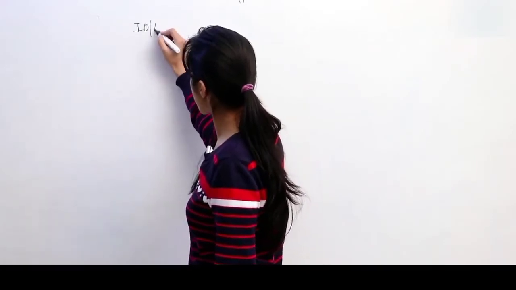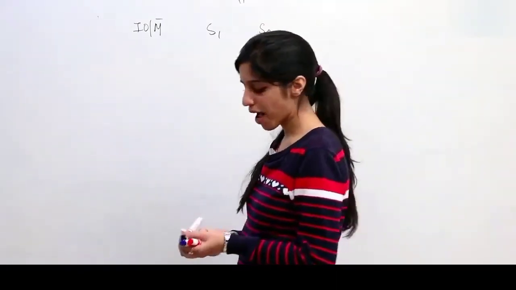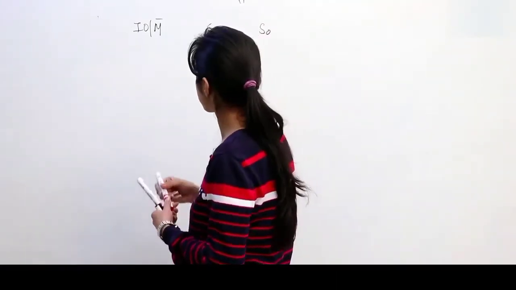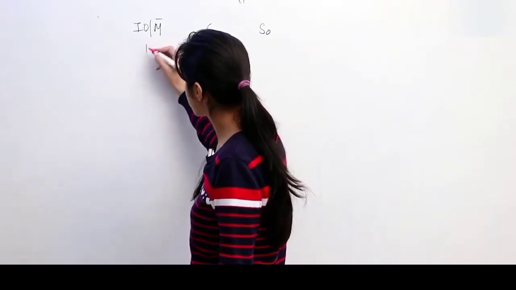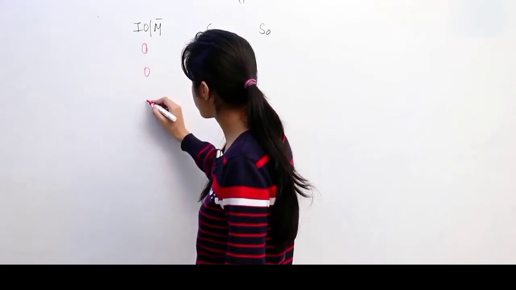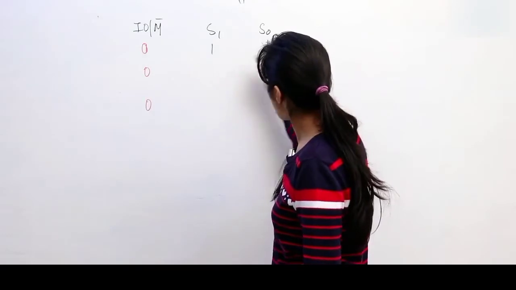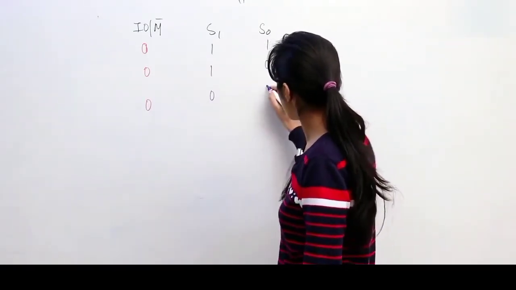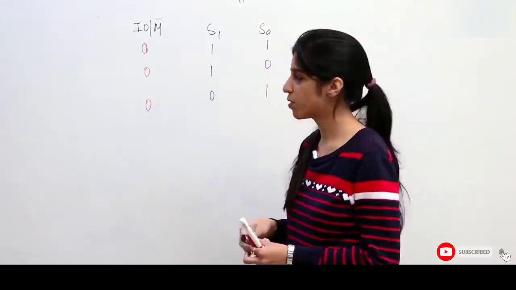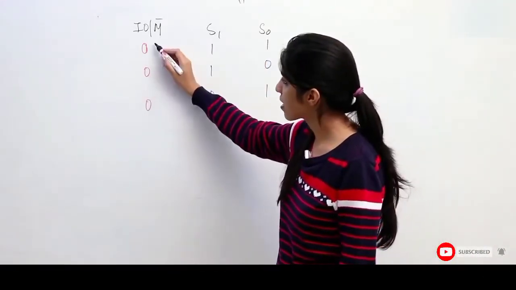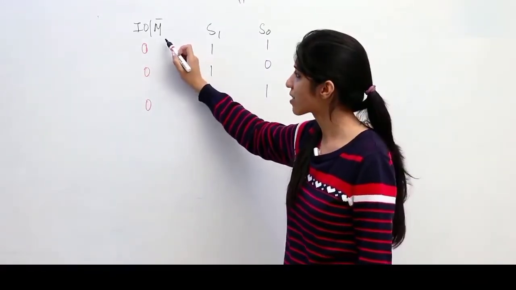Suppose this is the IO/M bar pin, this is S1 and this is S0. First let us assume IO/M bar is 0. Then we consider three cases for S1 and S0: 1, 1; 1, 0; and 0, 1. S1 and S0 both cannot be 0. Since IO/M bar is 0, functions are taking place from memory; we are going to access the memory.